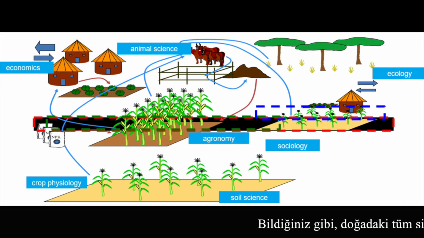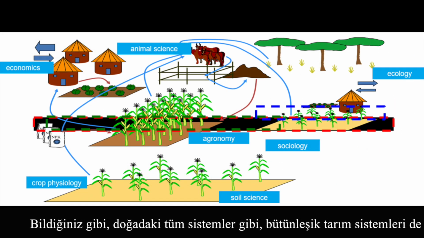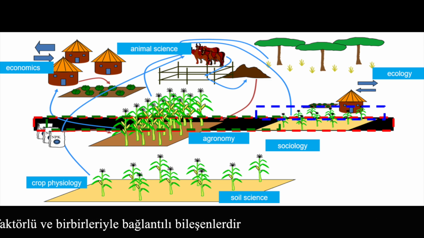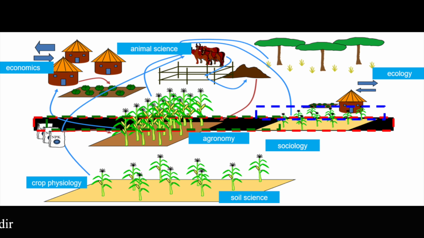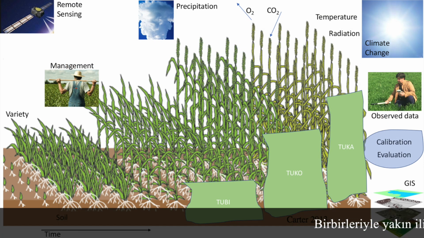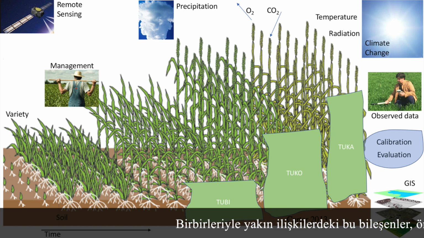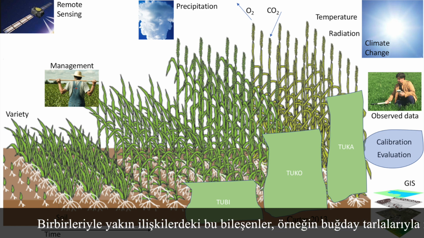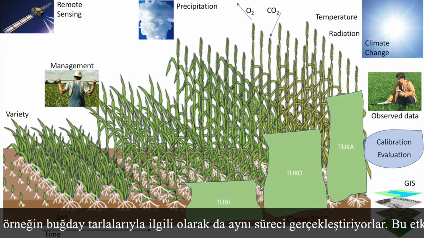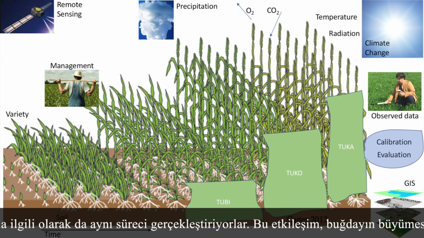As you know, like all systems in nature, integrated agricultural systems are multi-factor and have interrelated components. The same process occurs when we deal with, for example, wheat crops.